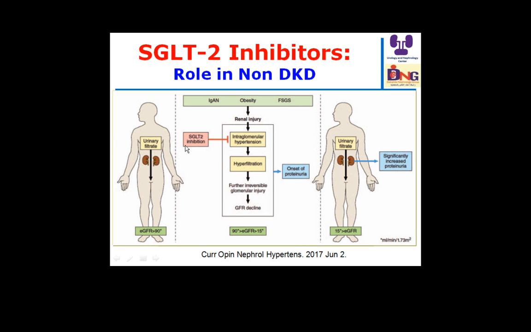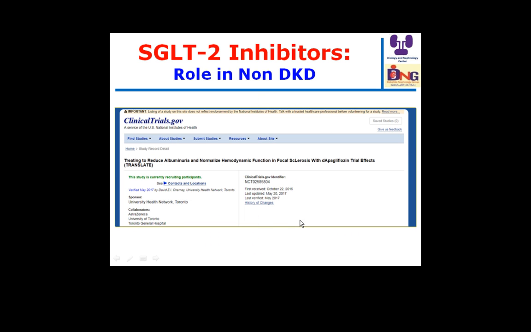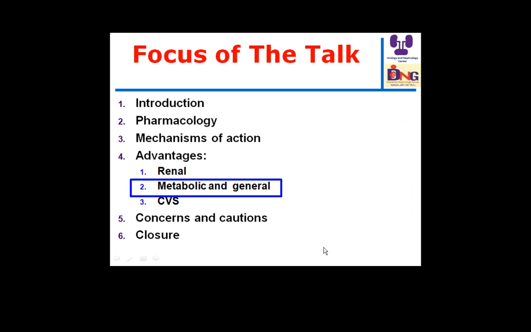So by using sodium glucose cotransporter 2 inhibitor, we will modulate the intraglomerular hyperfiltration, leading to adjustment of hyperfiltration. And this is one of the trials, TRANSLATE, treating to reduce albuminuria and normalize hemodynamic function in focal sclerosis with dapagliflozin trial effect. So it is TRANSLATE, and you are waiting for the result of this study.